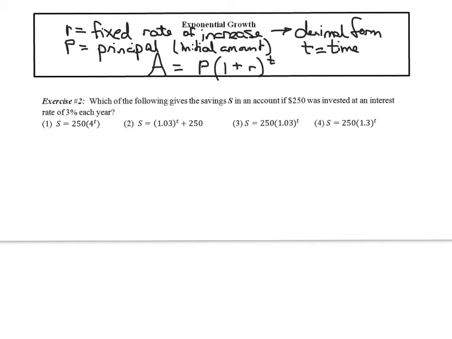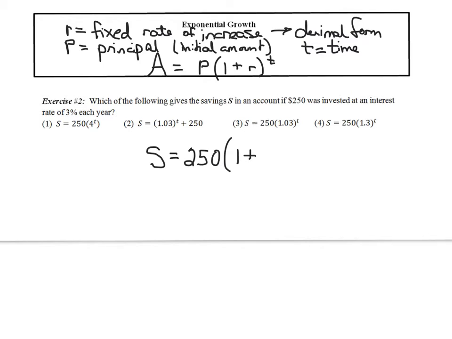So let's try exercise number 2 using this equation. Which of the following gives the savings S in an account if $250 was invested at an interest rate of 3% per year? So for this one, we're going to say our S, our savings account, is equal to our initial investment, $250, multiplied by 1 plus the rate of interest each year.